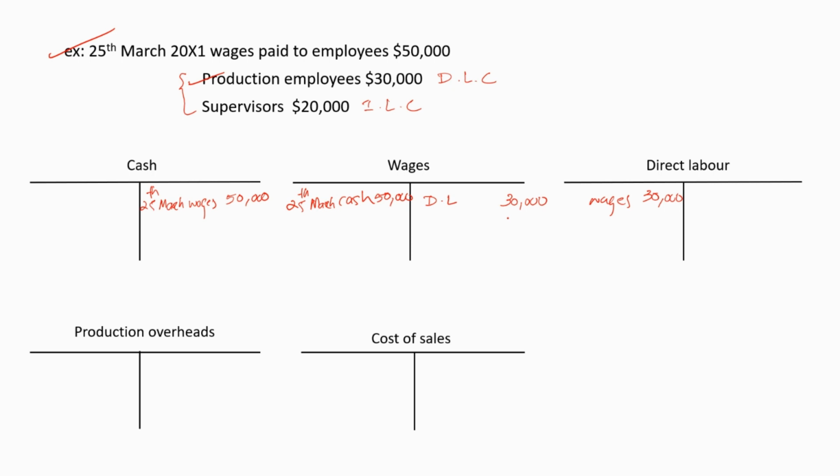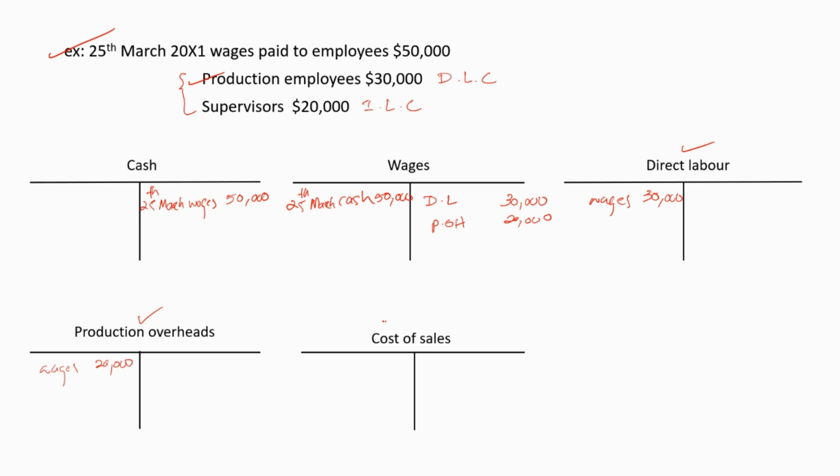So instead of having a separate account for the indirect labor cost, we include the indirect labor cost under the production overheads account. Now the management accountants can easily identify the direct labor cost and the production overheads separately. This is why integrated systems are really important.